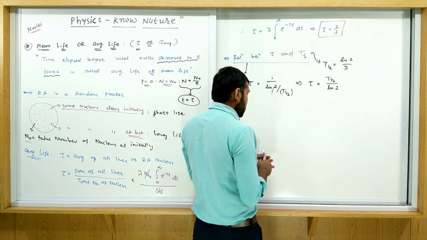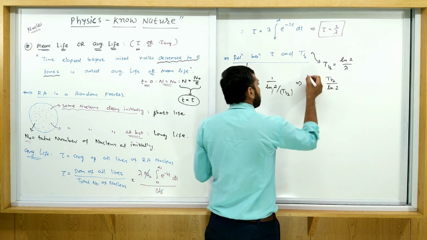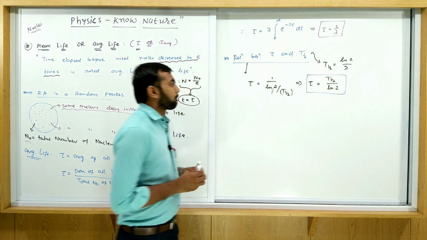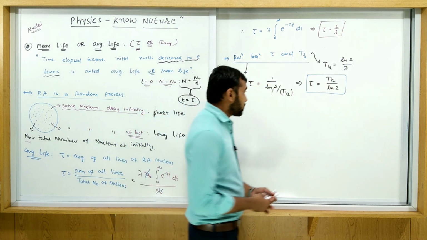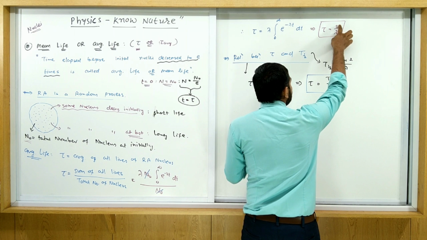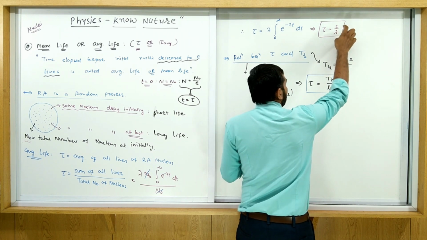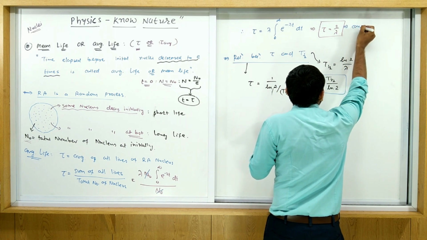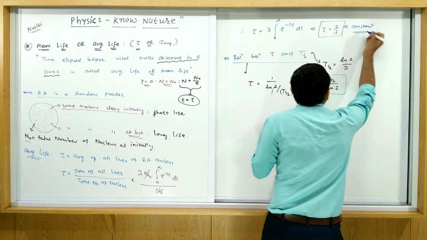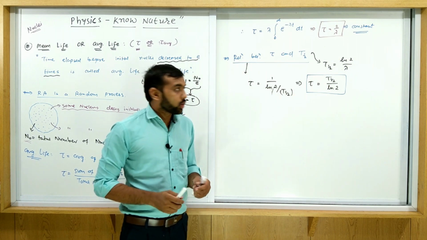So this is the relation between tau and t 1/2. Now one thing must be noted here: tau is equal to 1 upon lambda, 1 is constant, lambda is constant. So this is another parameter which is constant in radioactive decay. So how many parameters are constant here?